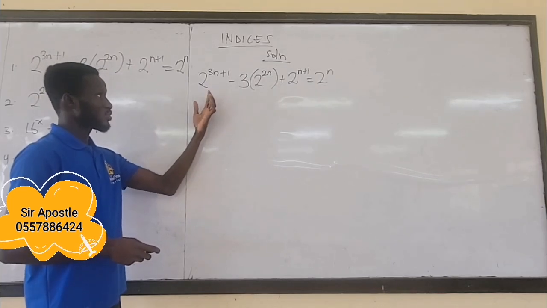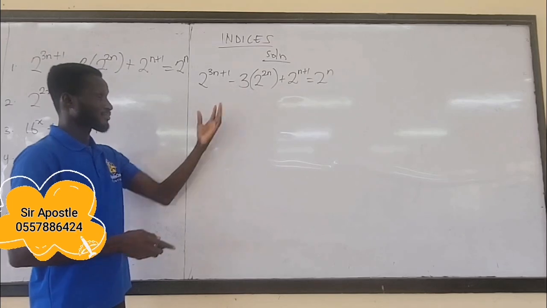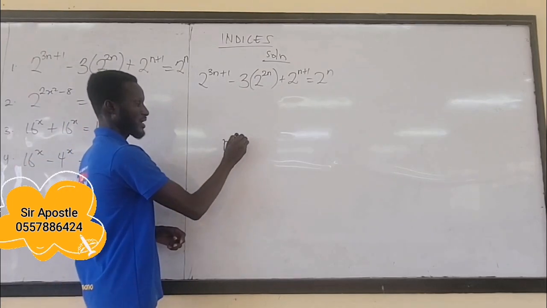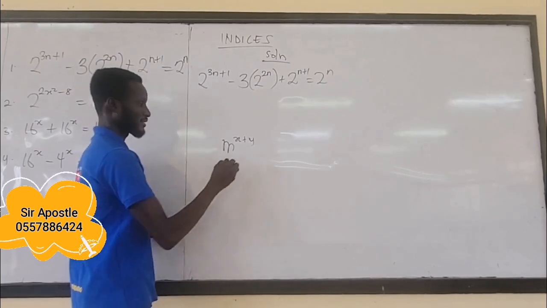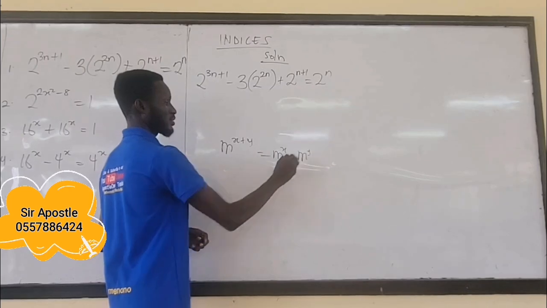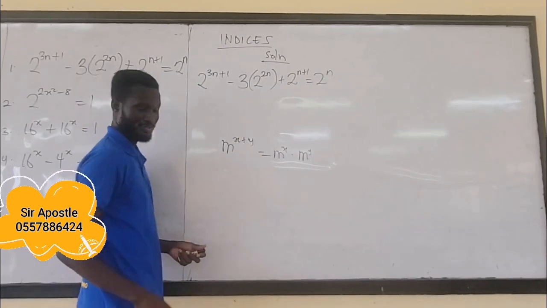What we have to do is break all of them down. We have 2 exponent 3n plus 1. And you know that per the law of indices, if I have m exponent x plus y, it means that previously they are multiplying. It means we have m exponent x multiplying m exponent y.